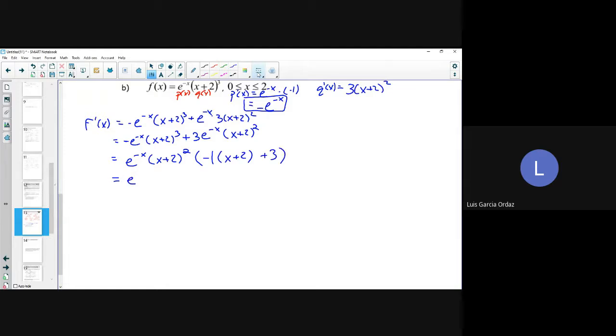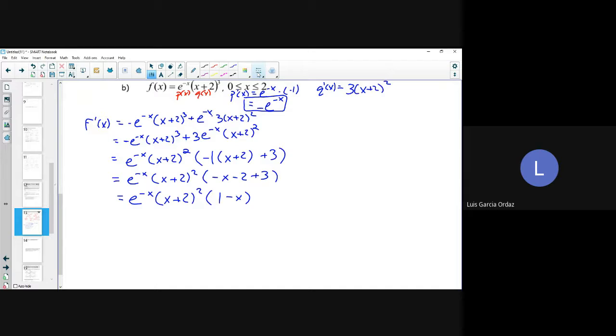So I get e to the negative x times x plus 2 squared times negative x minus 2 plus 3, which means I'm left with e to the negative x times x plus 2 squared times 1 minus x.